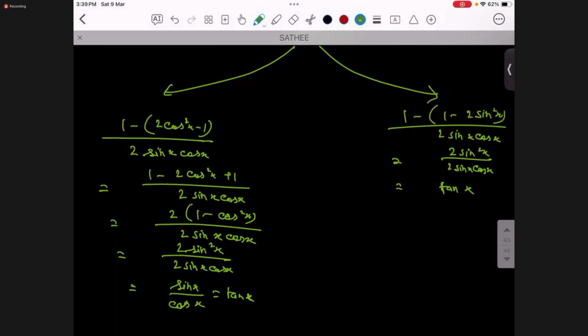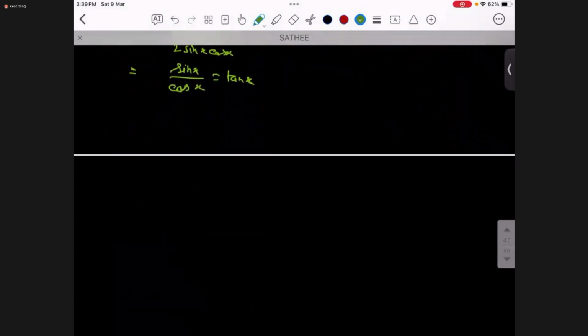But usually they ask to prove these things in the board level exam, and for the joint exam they ask you to put some values. So we will see some more examples about those. Then you can understand how we can choose some formula depending upon the answer you want.